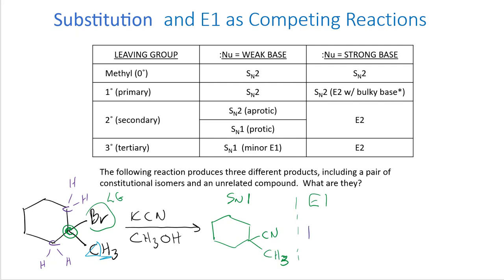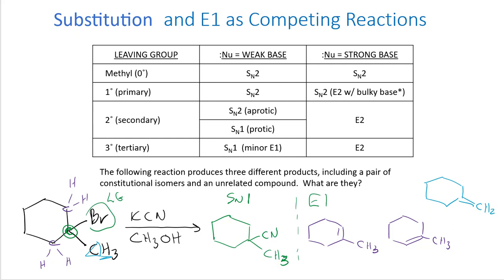Now, we're tempted to think, well, that would give us three elimination products. Double bond here, double bond here, as well as an exocyclic double bond. And what we want to recognize is that we don't see three different molecules here.